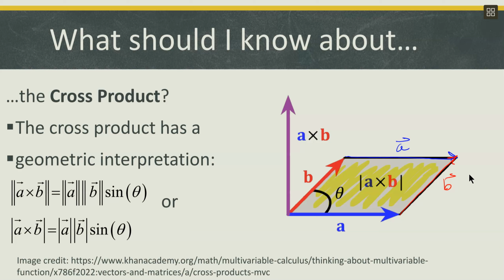Now, we can say that the magnitude of vector A cross vector B is the same as the magnitude of vector A times the magnitude of vector B times the sine of the angle theta, that is the angle of separation between A and B. One important note, though: we always consider that angle theta to lie between 0 and 180 degrees, or 0 and pi radians.